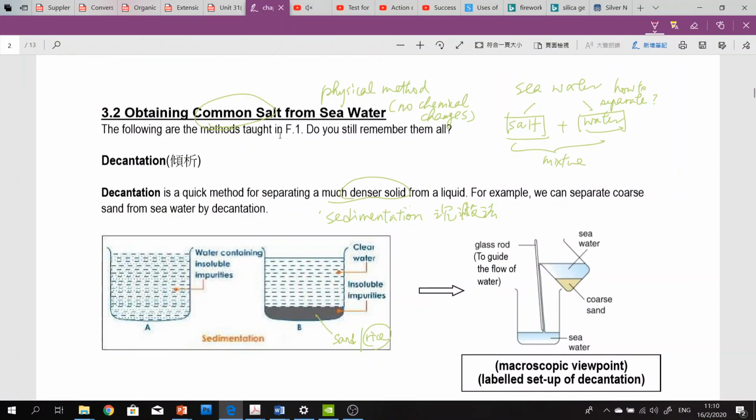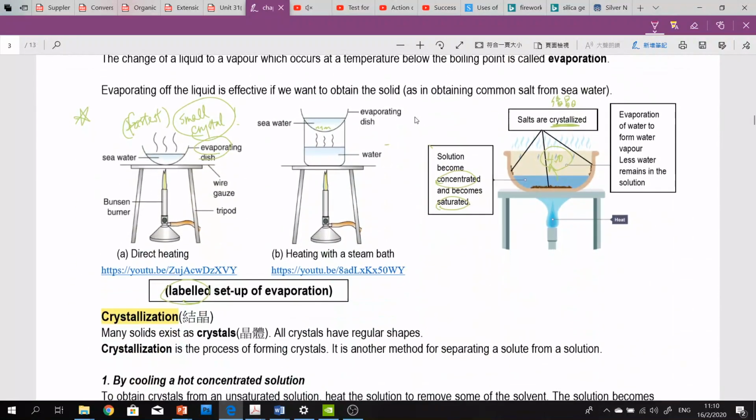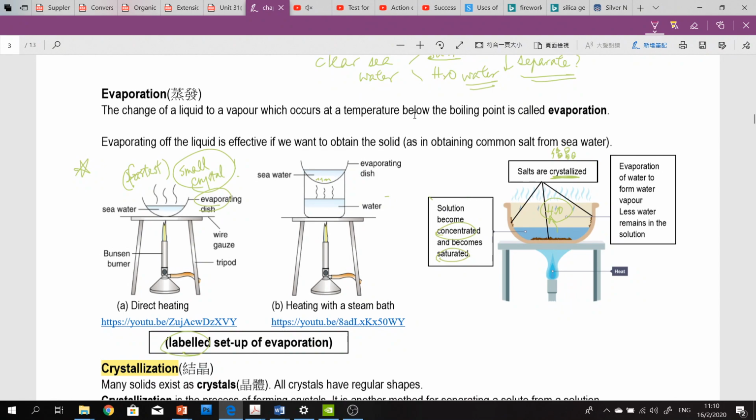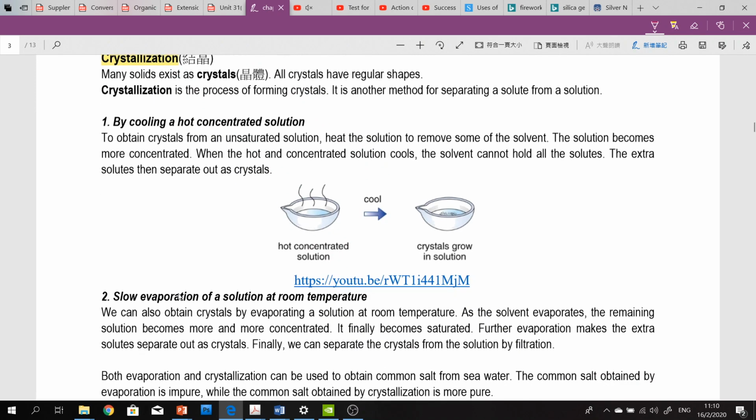To obtain the salt from seawater, we would use evaporation after filtering out all the insoluble impurities. We may use direct heating, or heating with a steam bath would help. And if you want large crystals, you may consider crystallization.